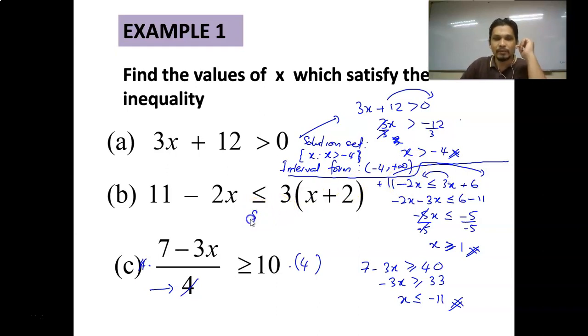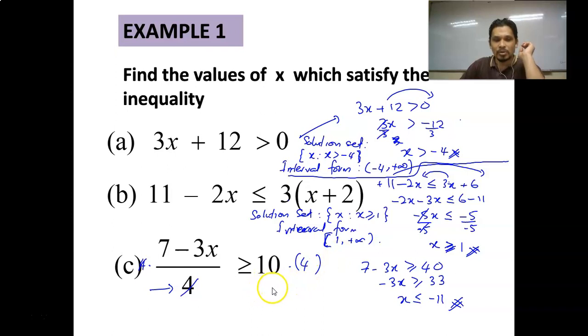Okay, so for question B, write down the final answer in solution set x, for x greater than or equal to 1, or in interval form, from 1, equal, so it's a closed bracket here, to +infinity.